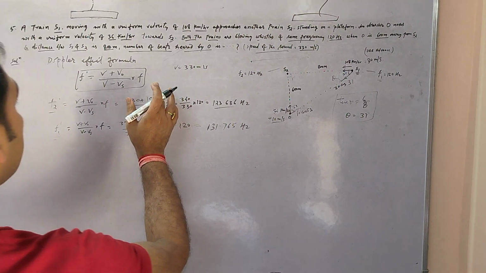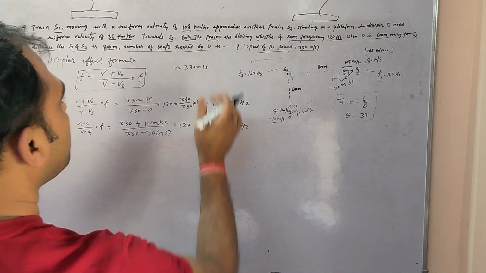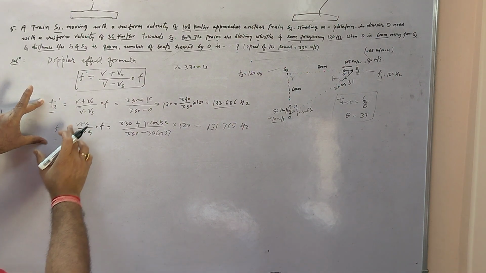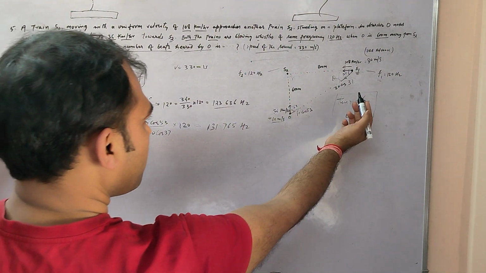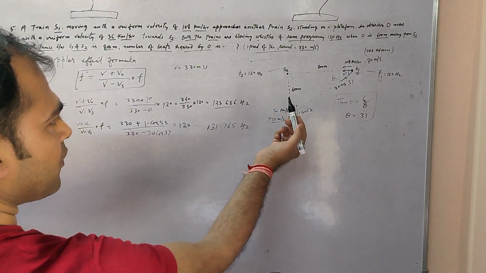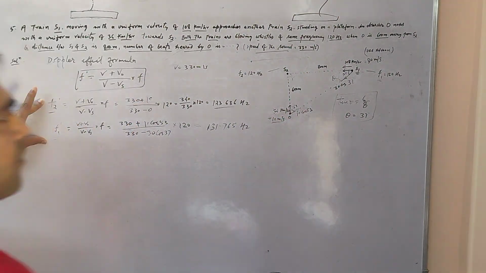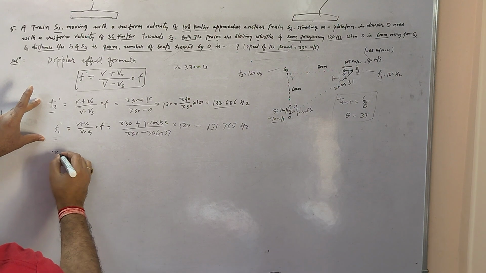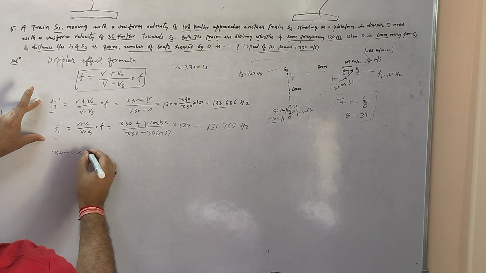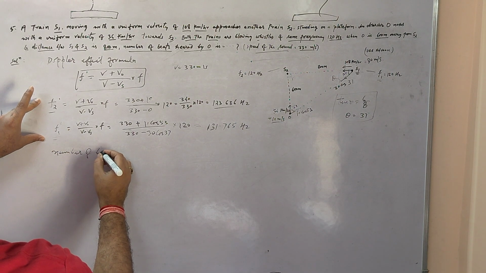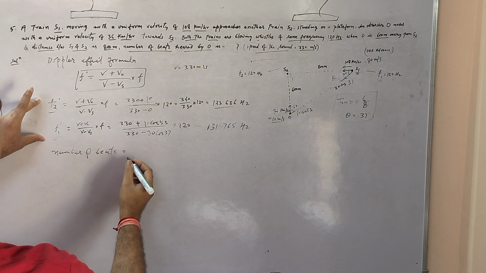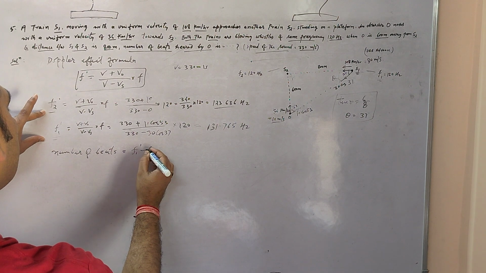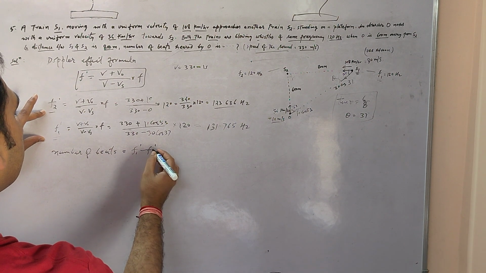So what is the number of beats heard by you? This will be the difference between these two observed frequencies from S1 and S2 as observed by O. Okay. So number of beats will be equal to F1 dash minus F2 dash.